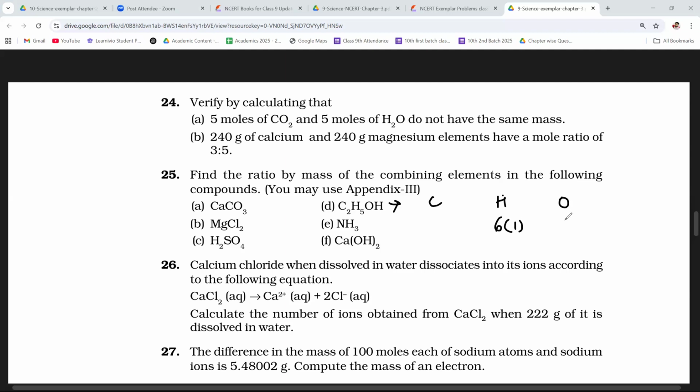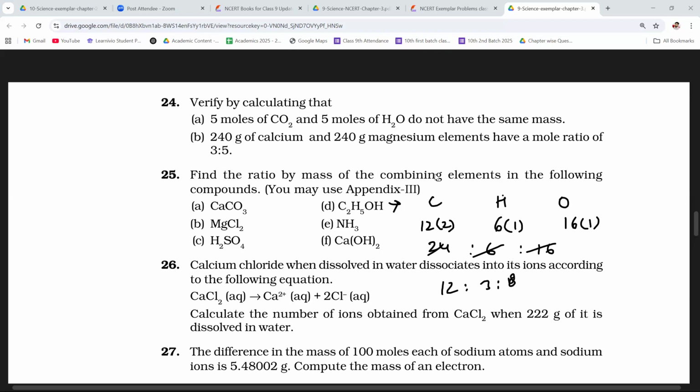Oxygen is only 1, so you write 16 into 1. And carbon is 2, so you write 12 into 2. So you will get 24 is to 6 is to 16. The simplest ratio, when divided, is 12 is to 3 is to 8. Is it correct for all? Yes, sir.